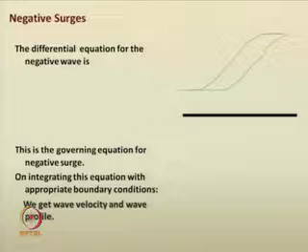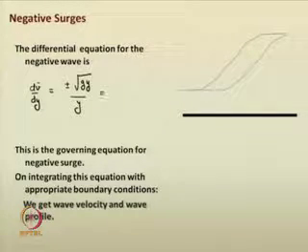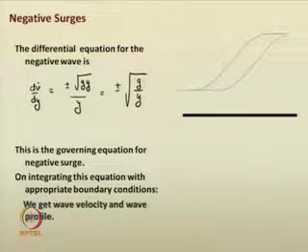You can see now dV bar by dy is nothing but equal to celerity divided by y, which is root of g y by y, or plus or minus root of g by y. So, this is your differential equation. This is the governing equation for a negative surge.